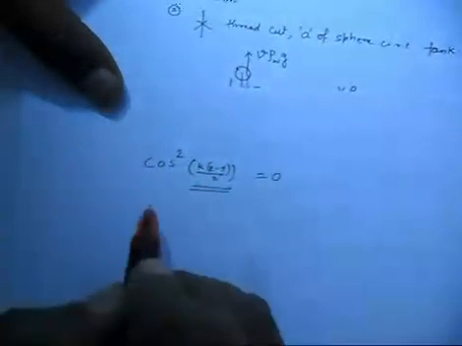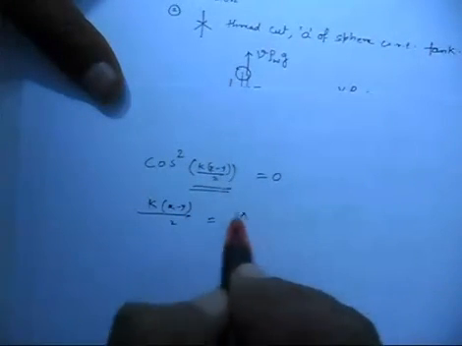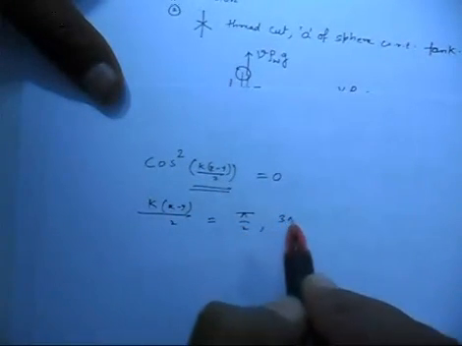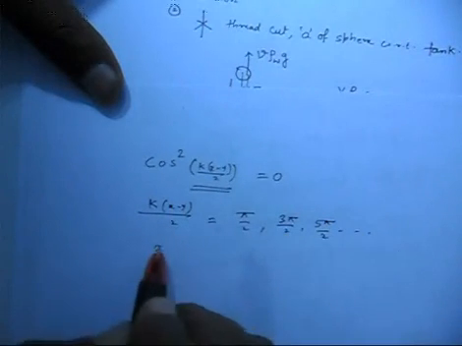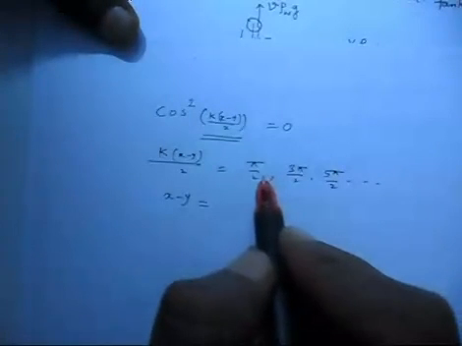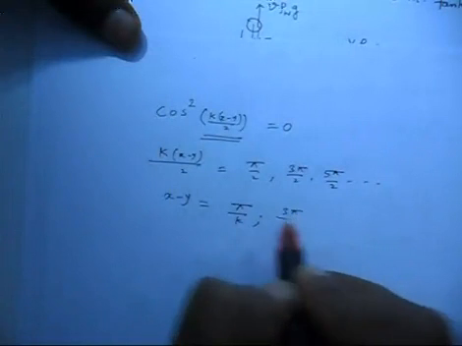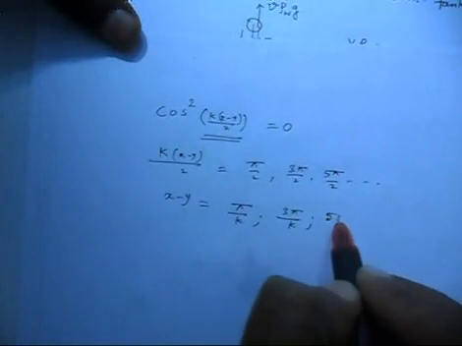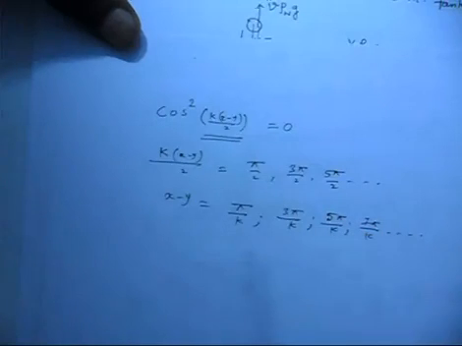This means k(x minus y)/2 is pi by 2, or 3 pi by 2, or 5 pi by 2, and so on. If I multiply by 2, I get x minus y equals pi by k, or 3 pi by k, or 5 pi by k, or 7 pi by k.